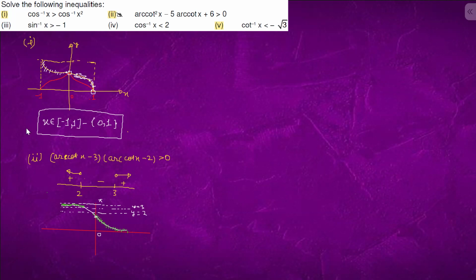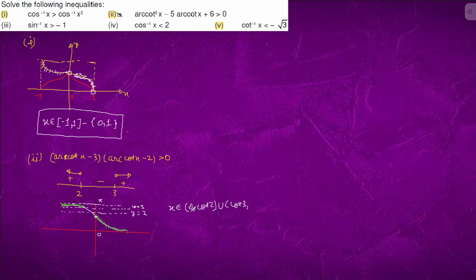So what are the values of x then? Then we can say that x belongs to, cot inverse x equals 2, it is from 0 to cot 2, union cot 3 to infinity.